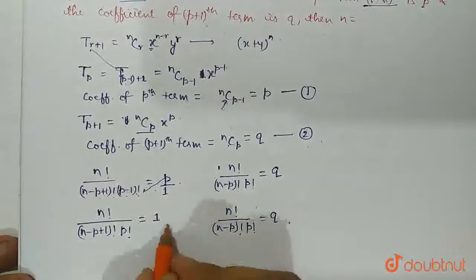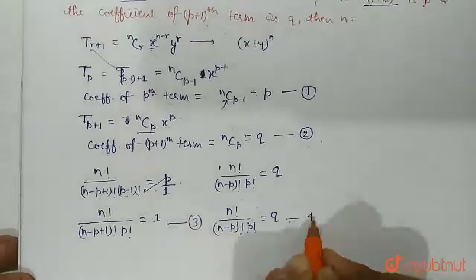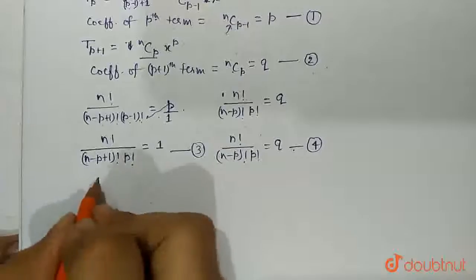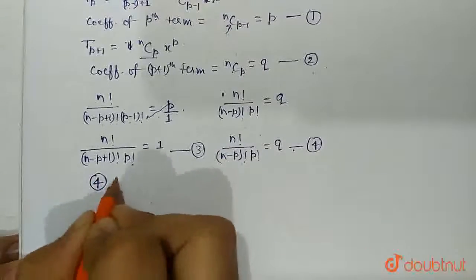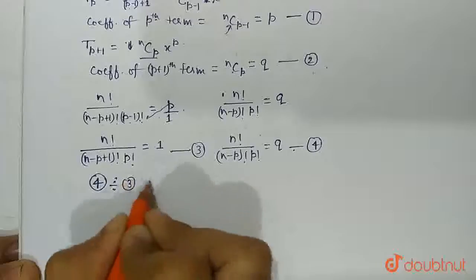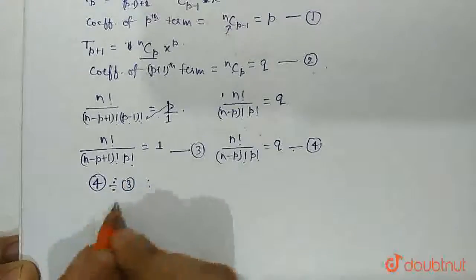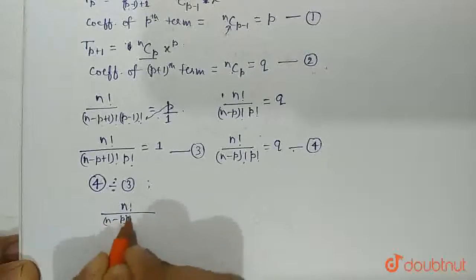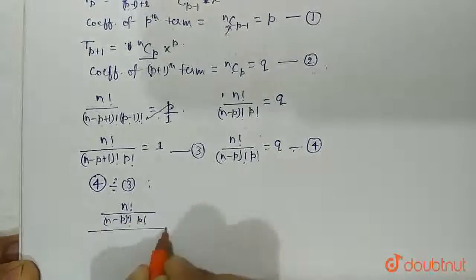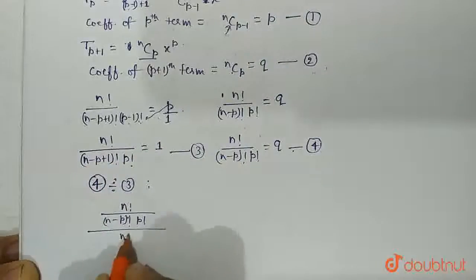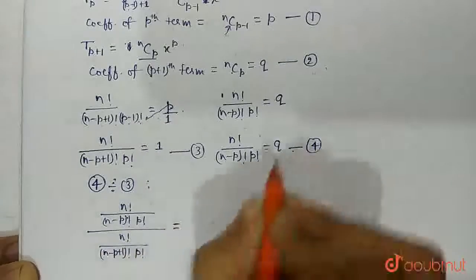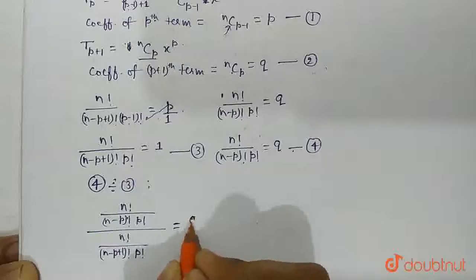Okay, so these are, let's say, 3 and 4. Now what we can do is divide 4 by 3. Dividing 4 by 3, what we get? The 4 is n factorial upon n minus p factorial, upon n factorial upon n minus p plus 1 factorial p factorial, right? And this is q upon 1, so it is q.